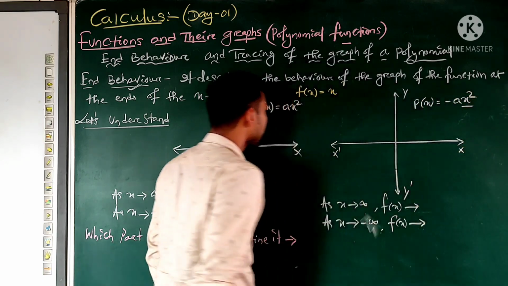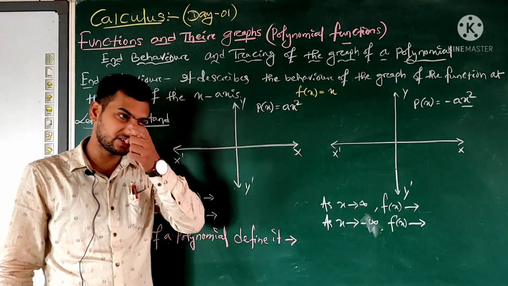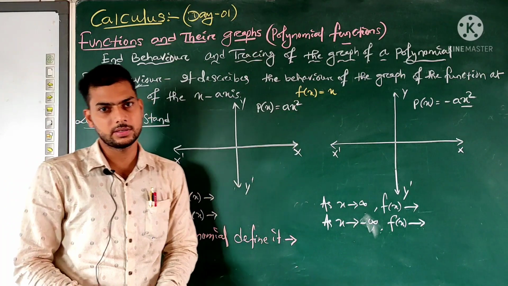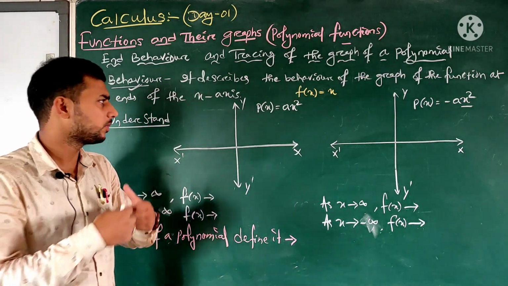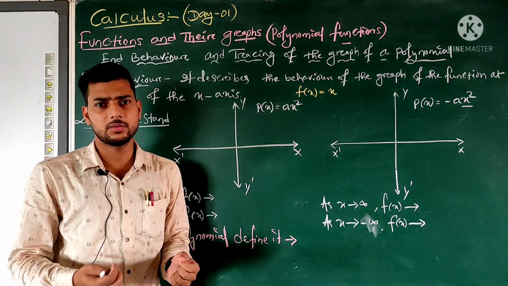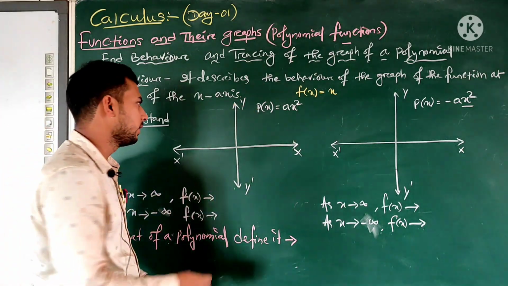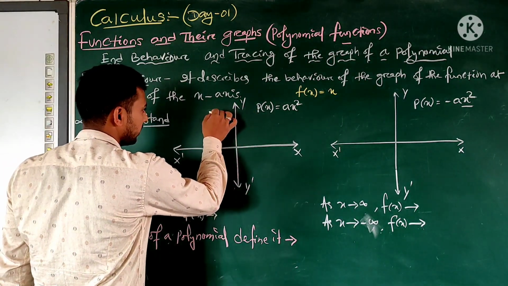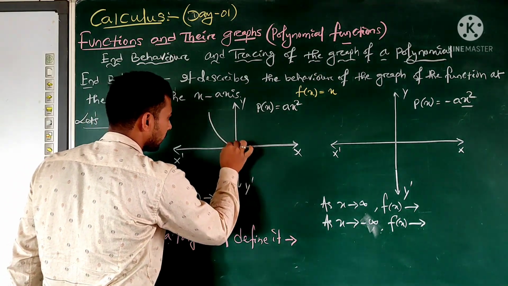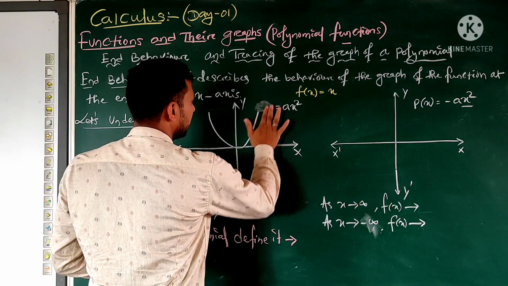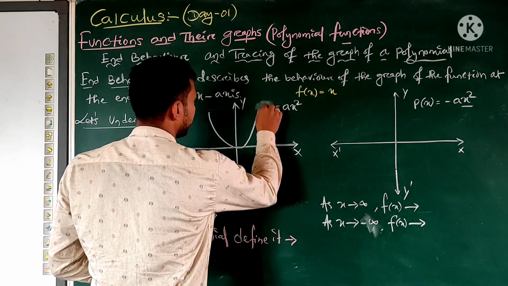Here a is a constant. You all know if the coefficient of x square is positive, then the parabolic curve opens upwards. Let us consider the graph like this. It will open towards the upward direction.